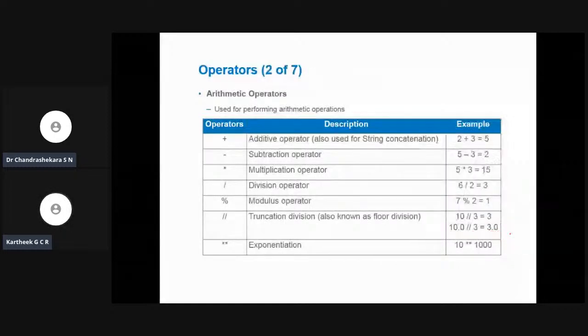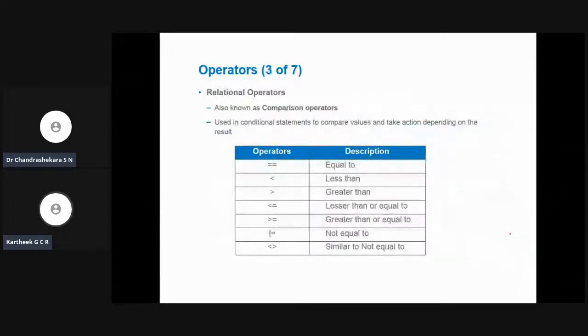Moving forward, we have the relational operators. The relational operators that we have are comparison operators, basically equal to, less than, greater than, less than or equal to, greater than or equal to, not equal to. Not equal to here is not just this.